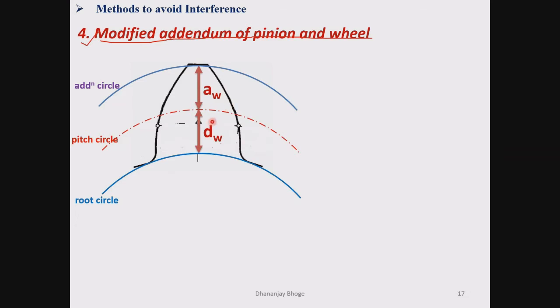Now what is DW? Radial depth of the tooth below the pitch circle. That means radial distance from pitch circle to the root circle or dedendum circle is called as dedendum. So we have shown AW as the addendum of gear 2 or addendum of wheel, and DW as the dedendum of wheel.